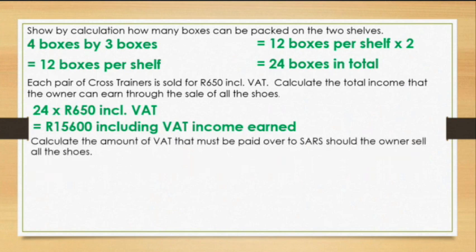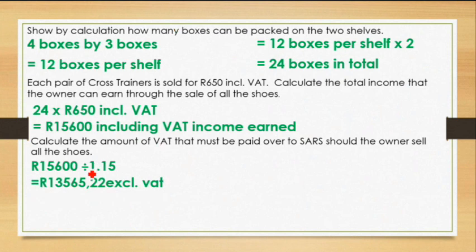Right, and then now it says calculate the amount of VAT that must be paid over to SARS should the owner sell all the shoes. Now, we're going to say we're dividing by 1,15, right?